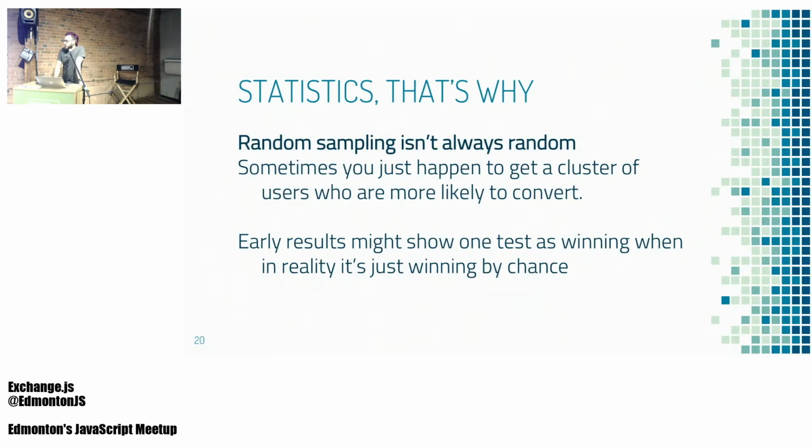The reason is statistics. Random sampling isn't always random. There's a chance that given any random set of users, that set of users just happens to convert more than any other. You can't rely on early results.